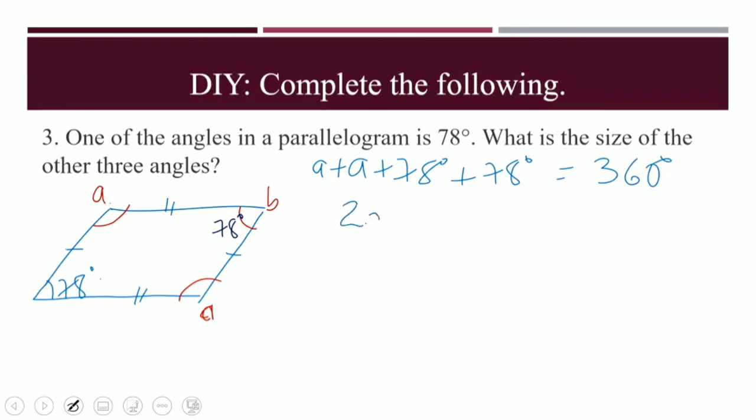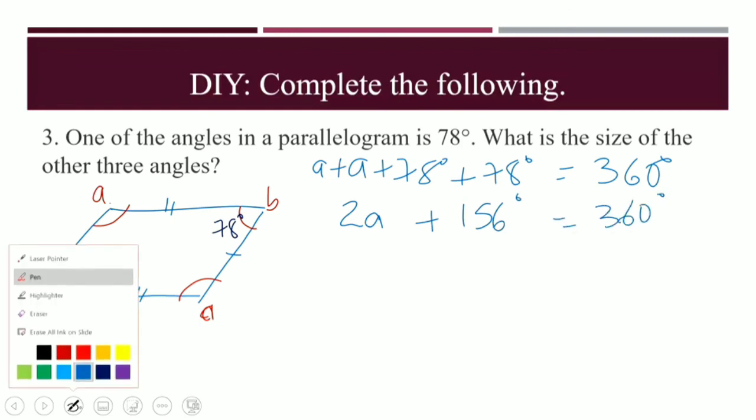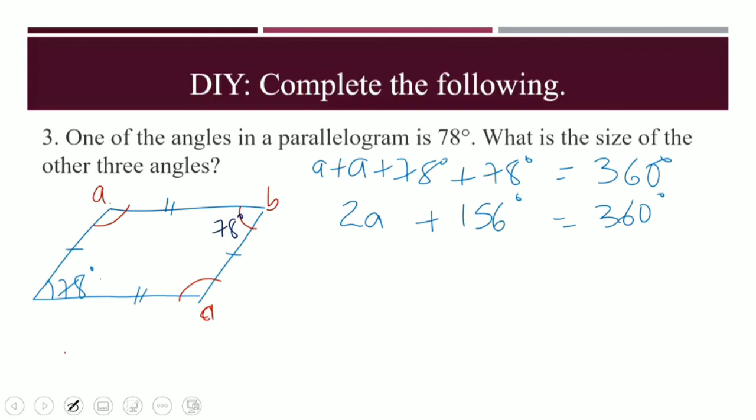Then we have 2A plus 156 degrees. Subtracting 156 from both sides, what will we get? 2A is equal to 204 degrees.